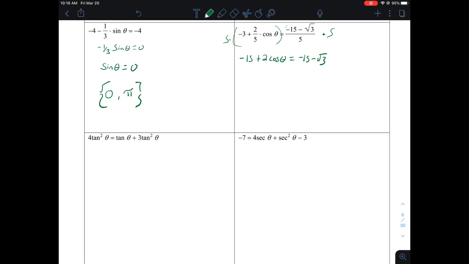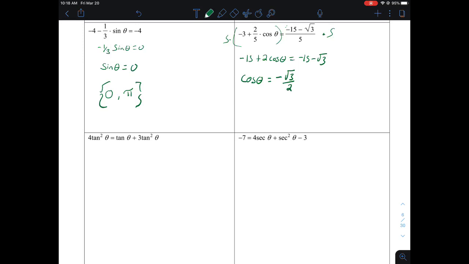And then we isolate cosine. If I add the 15 to the right-hand side, that cancels out the -15, then divide by 2. And we have cosine of theta equals -square root 3 over 2. And I want to think about where that happens.